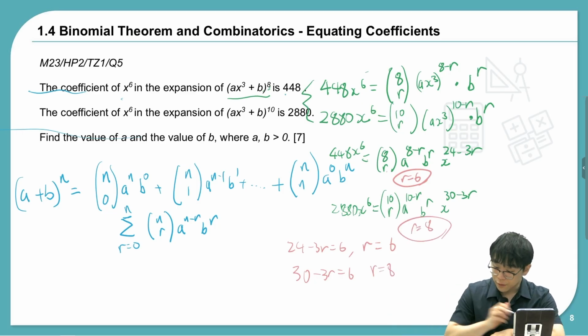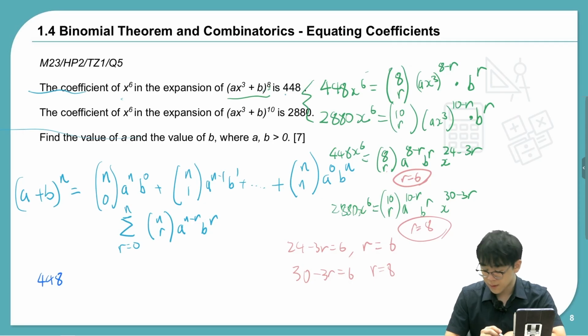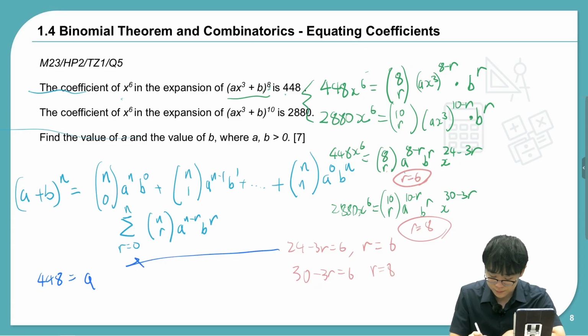Okay. So 448 is the result of a to the power of 8 minus 6, or we'll just say that's a squared, b to the power of 6, and then x to the power of 6, and 8 choose 6, right?